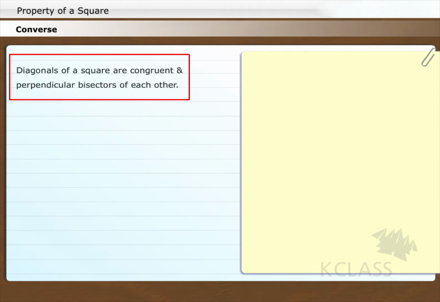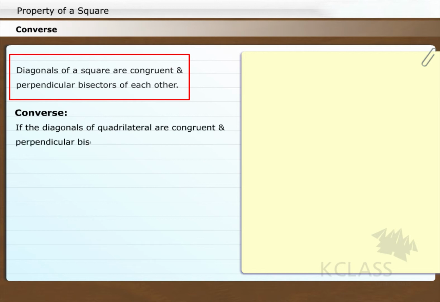The converse states that if the diagonals of a quadrilateral are congruent and perpendicular bisectors of each other, then it is a square.